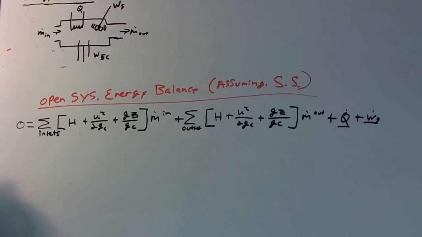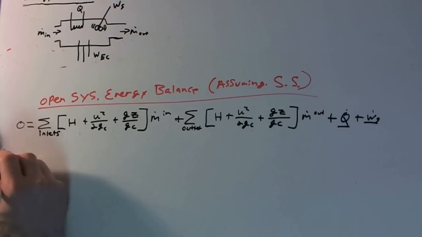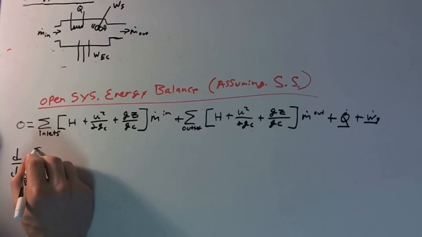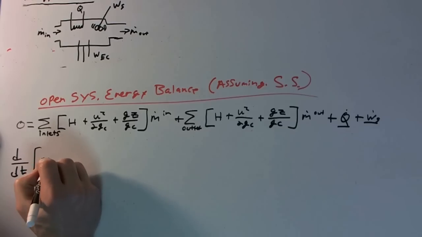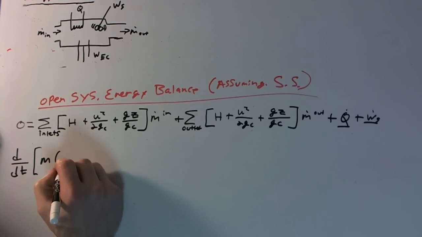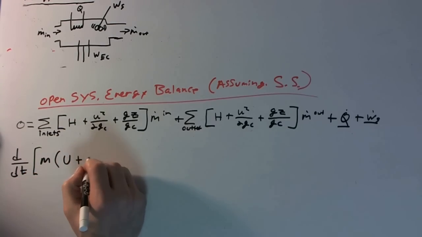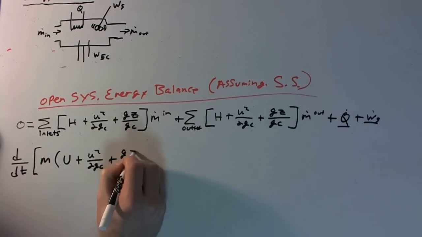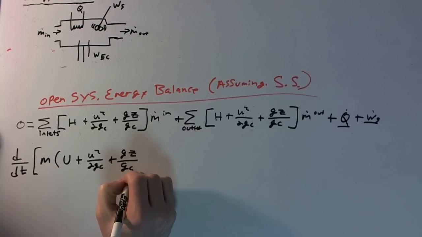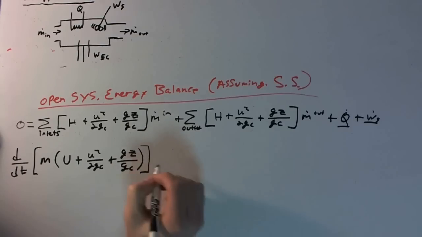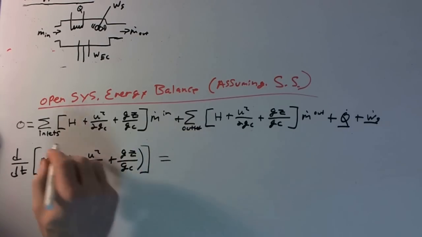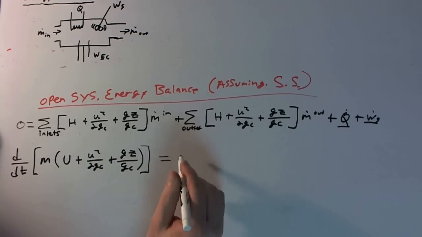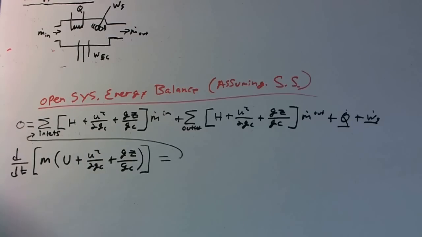It ends up being the change of mass times internal plus u squared over 2 g c plus g z over g c. And then this is going to be equal to the right-hand side.